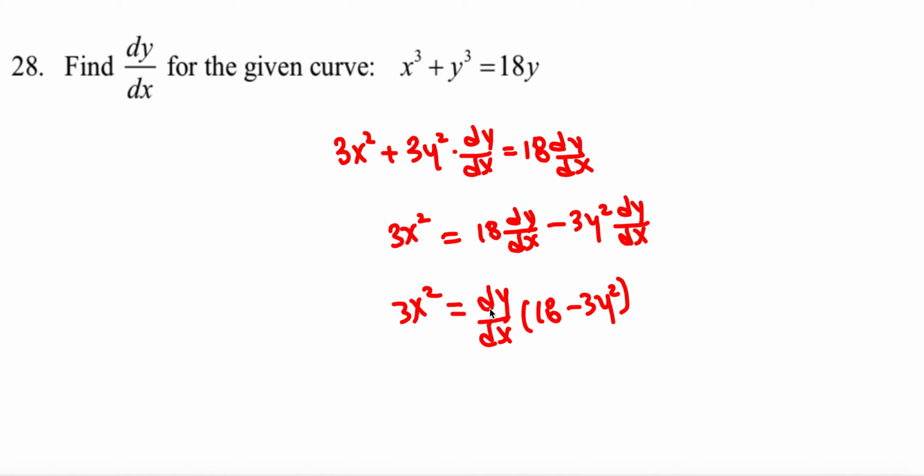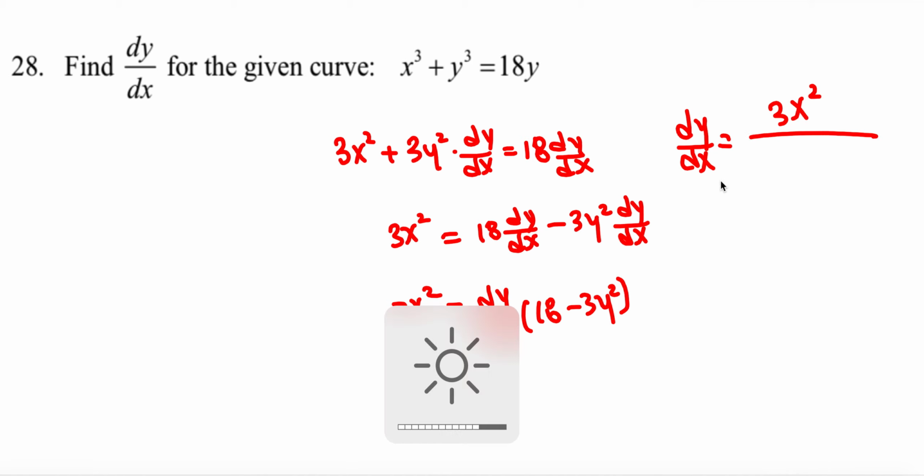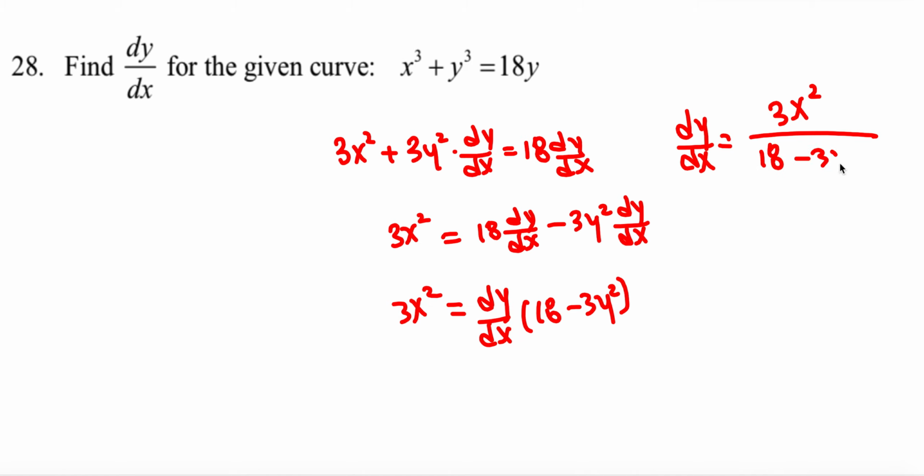Of course, to have that alone, dy over dx is equal to 3x squared all over 18 minus 3y squared. But notice 3 is common in all the terms, so we cancel out the 3's. Then we end up getting x squared over 6 minus y squared as our final answer.